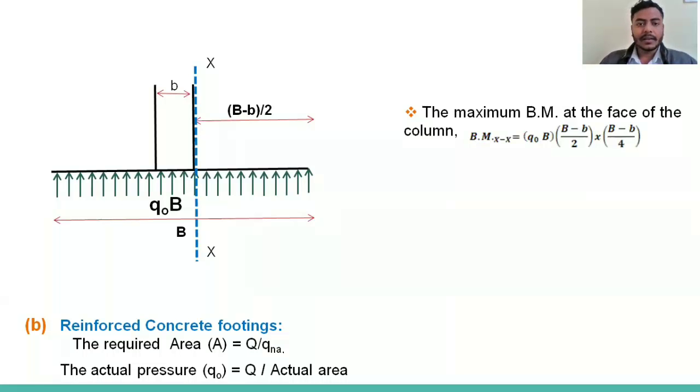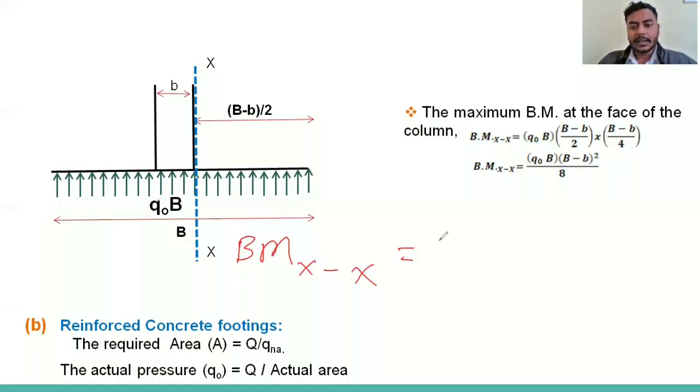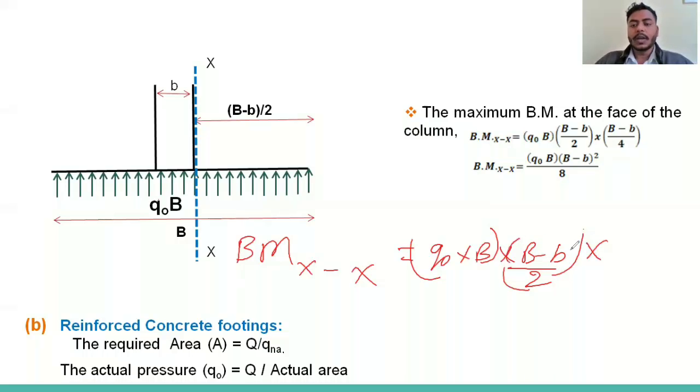So how can we write the bending moment? To calculate the bending moment at the x-axis, we have to write what the UDL is, then the length of the UDL, that is B minus b divided by 2, into the centroid, the CG of that UDL load from the section.